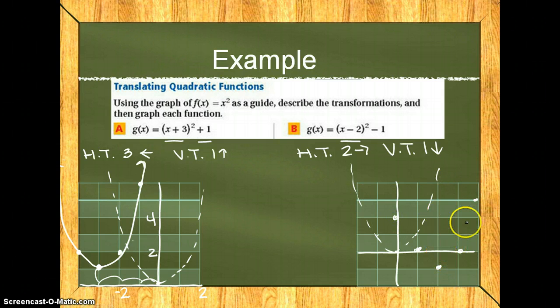And then again, connect our dots the best we can into that U shape. Okay? So again, I went 2 to the right and down 1.